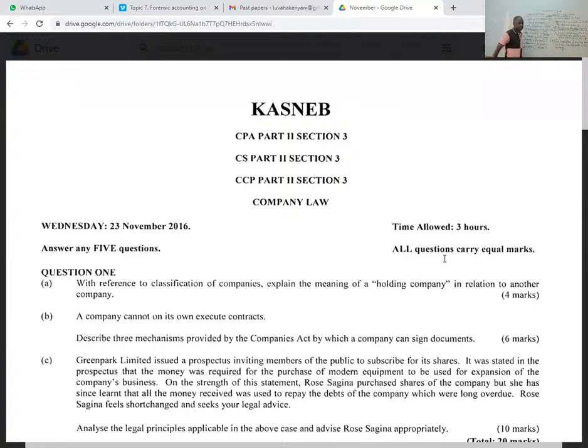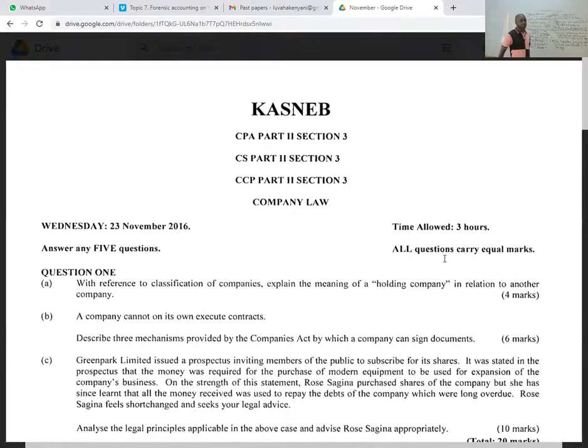that has acquired ownership in another company, and therefore is able to control the activities or affairs of the other company.